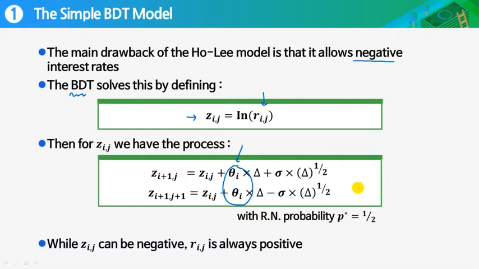In the Ho-Lee model, we also fix the risk neutral probability at 50% and match theta. The only difference from the Ho-Lee model is that instead of modeling the interest rate directly, we model the log of the interest rate. Therefore, while z_ij can be negative, r_ij is always positive.